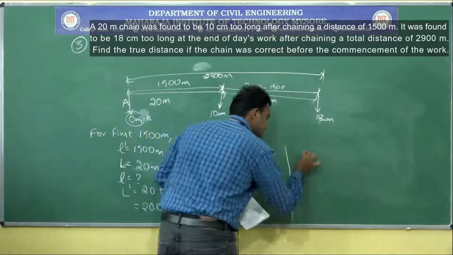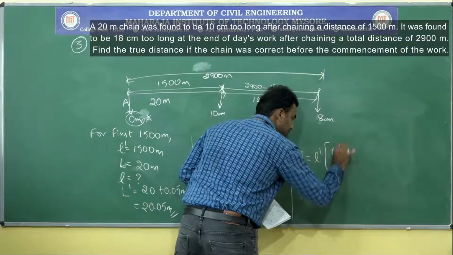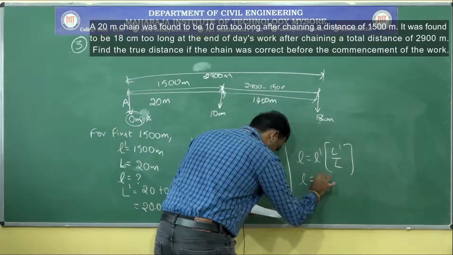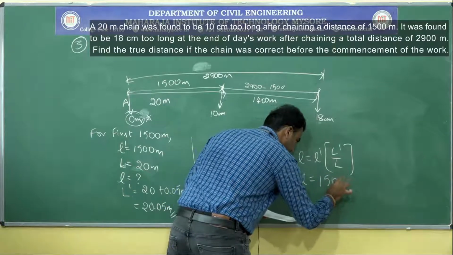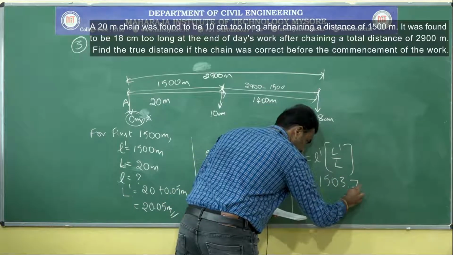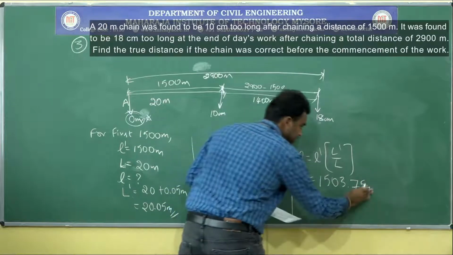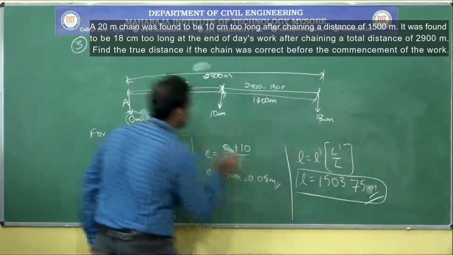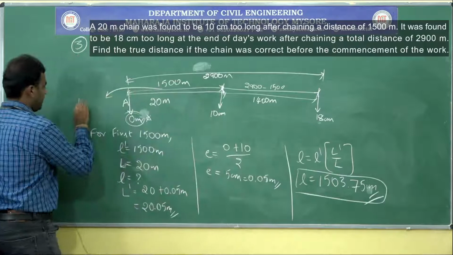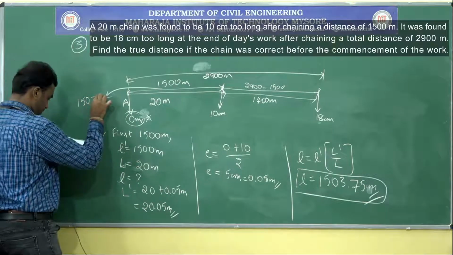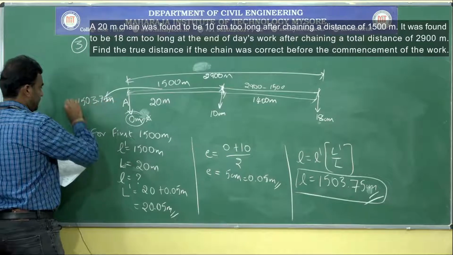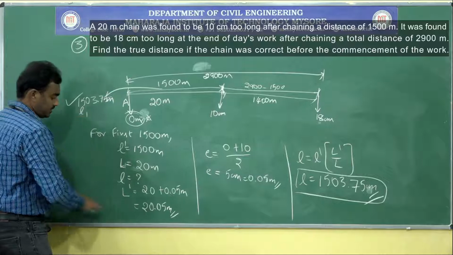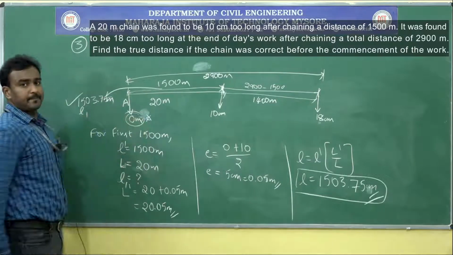Using the same formula, L dash by L, and substituting the values, the true length will be 1503.75 meters. So this is the true length of the first bit. Let me consider it as L1.